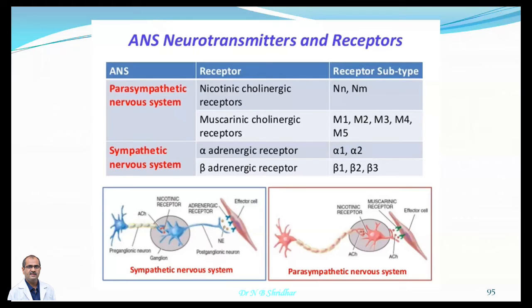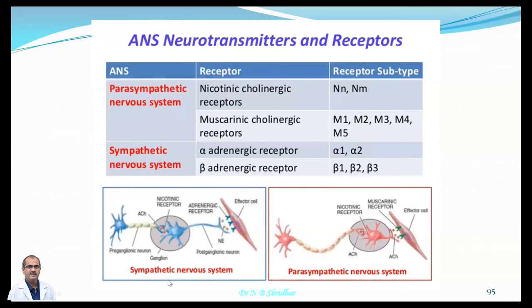In the sympathetic nervous system, alpha adrenergic receptors and beta adrenergic receptors are the two types of receptors. The alpha adrenergic receptor is classified into alpha 1 and alpha 2. The beta adrenergic receptor is classified into beta 1, beta 2 and beta 3 types of receptors. Once again, the same thing is depicted here.